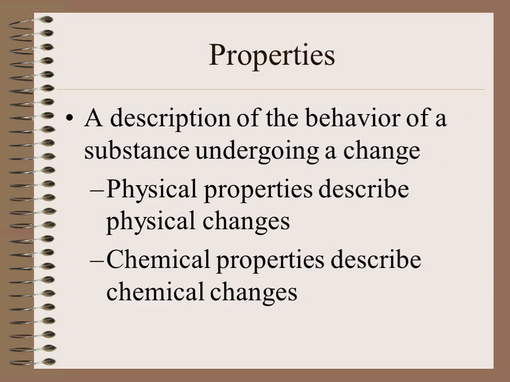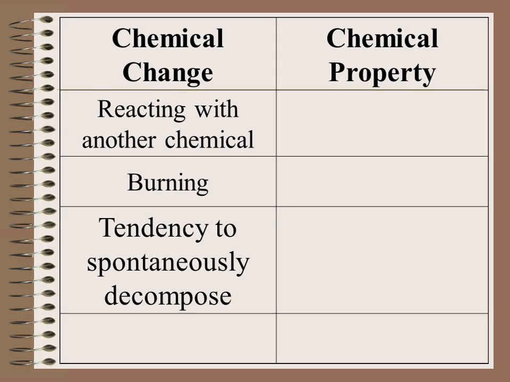Properties are ways that we can describe the behavior of a substance that's undergoing a change. And so physical properties are going to describe physical changes of a substance, whereas chemical properties will describe the ability of things to undergo certain chemical changes. If we take the chemical changes that you see here and determine the corresponding properties, if the chemical change is that it's going to react with another chemical, the way we describe that property is the reactivity of a substance.